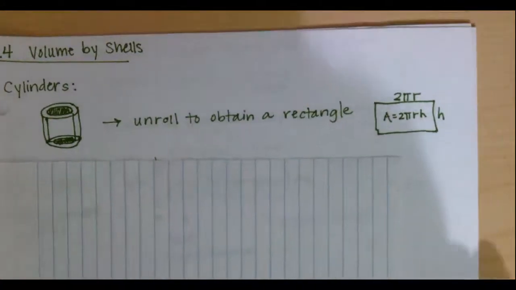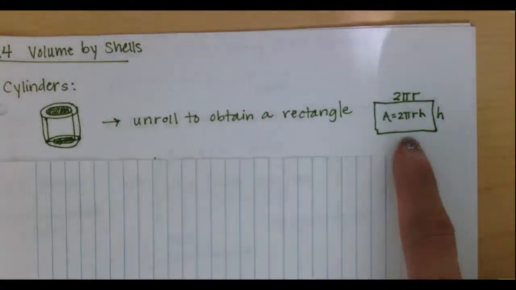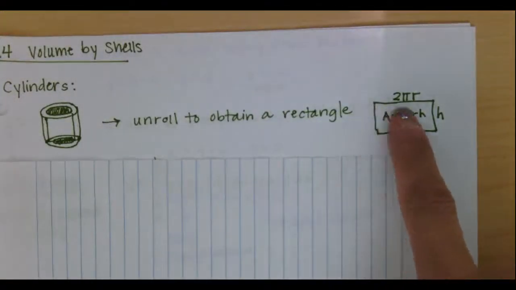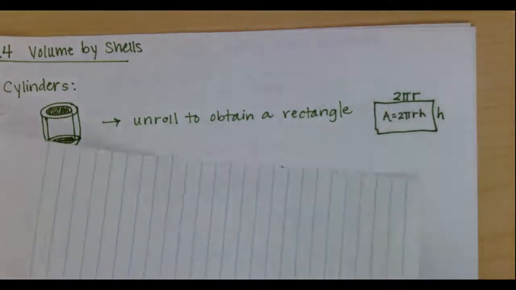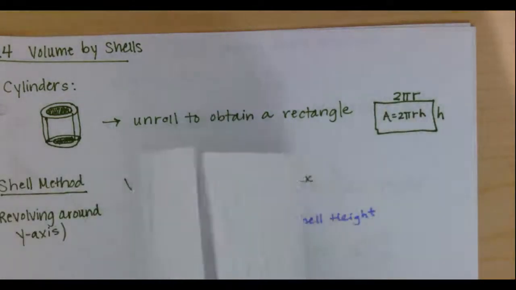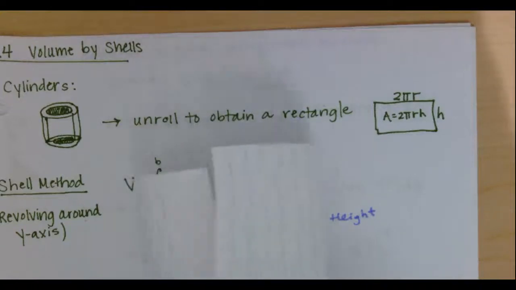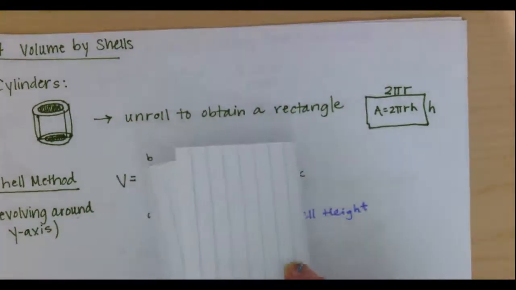Here I have the rectangle shown, and the length of the rectangle is 2 pi r, because that's the circumference of the circle that forms the cylinder.